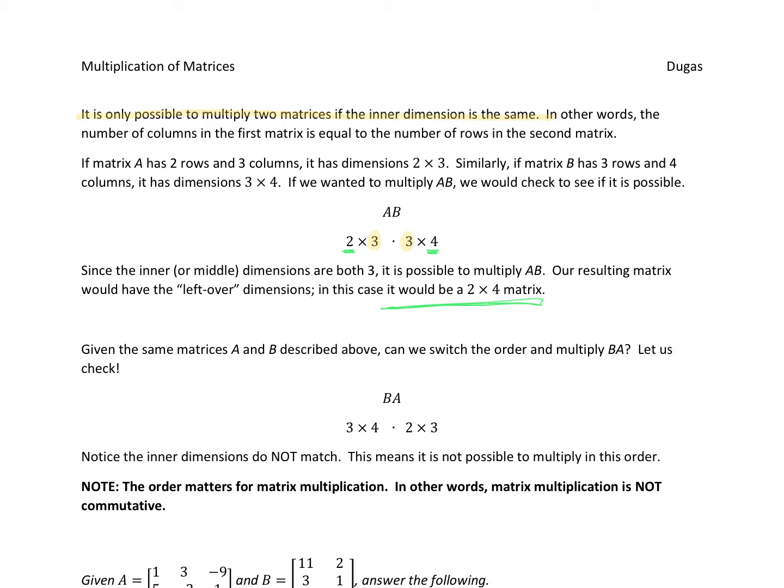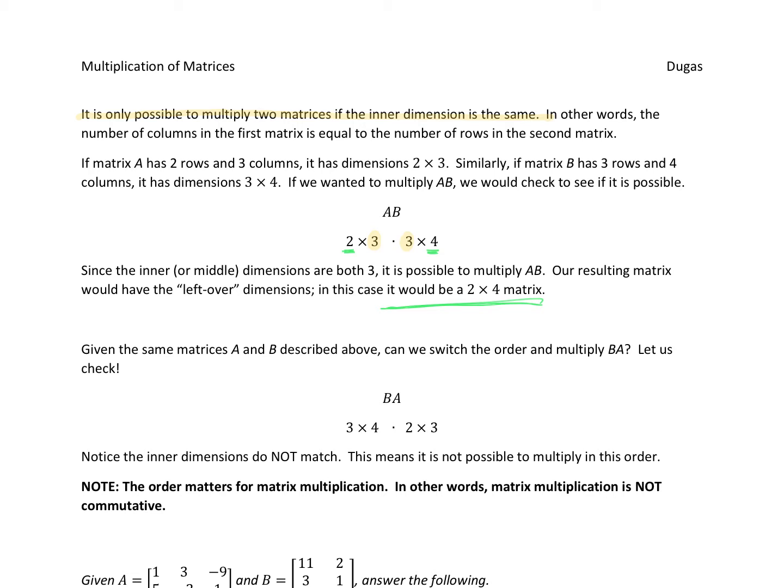If we have those same matrices A and B, can we multiply B times A? In normal integer operations, if we wanted to multiply 1 times 2, we know that that is the same as 2 times 1. So multiplication is commutative. We can change the order and it's still the same. Is that the same case in multiplication of matrices?